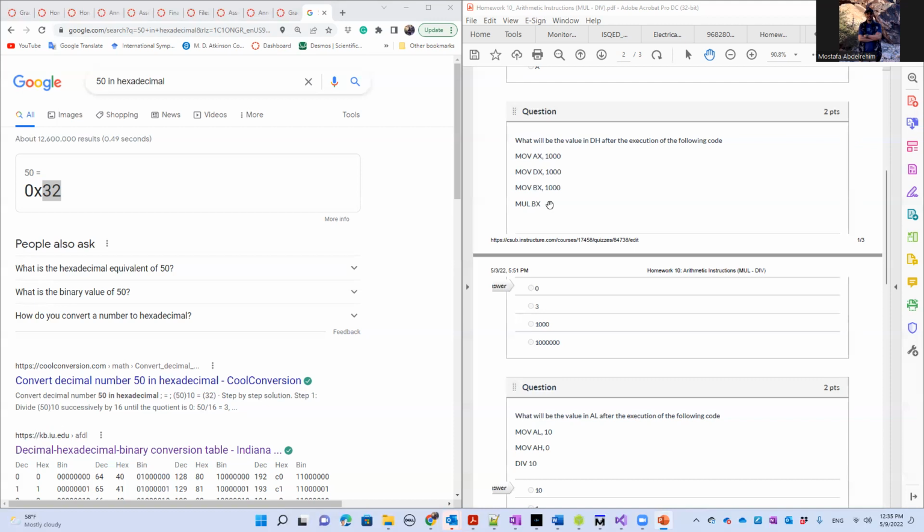You can find more information on slide 4 of our lecture. So what we're going to have here is a multiplication of AX and BX. When we say MUL BX, since BX is 2 bytes, 16 bits, we're going to multiply BX by AX.